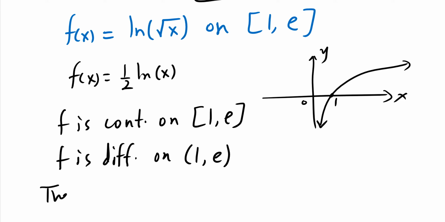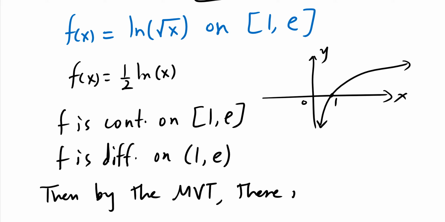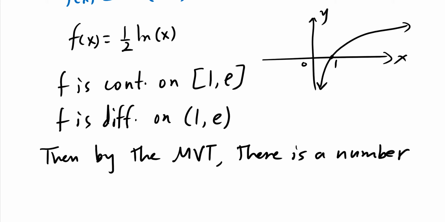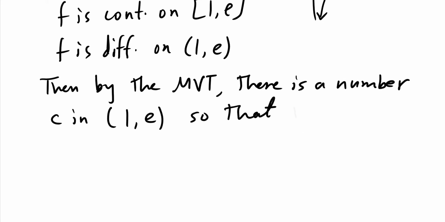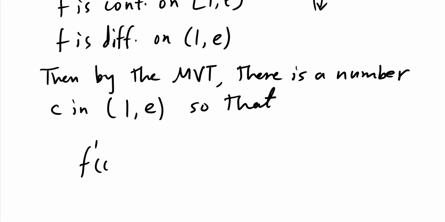Then by the mean value theorem, there is a number c in the open interval (1, e) so that the derivative at c is f of e minus f of 1 over e minus 1.